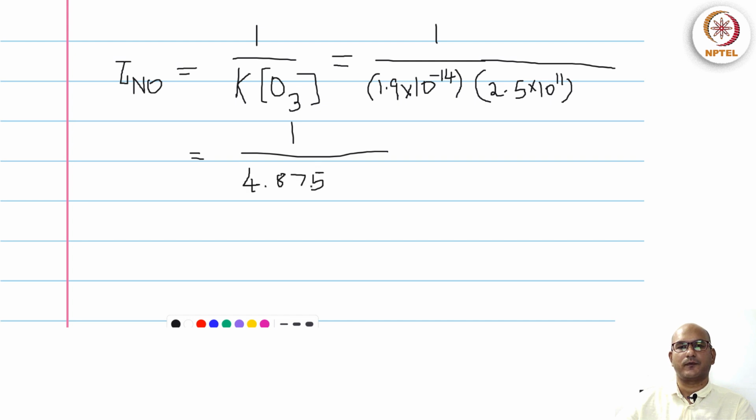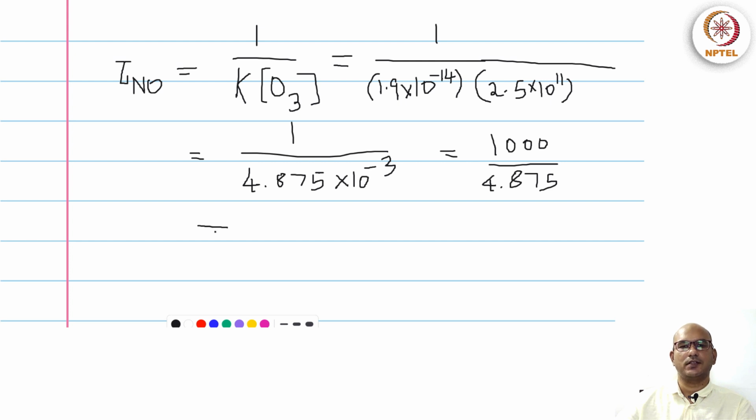4.875 into 10 to the power minus 3. So 10 to power minus 14 and 10 to power 11 makes 10 to power minus 3, and 1.9 times 2.5 is 4.875. So this is basically 1000 divided by 4.875.